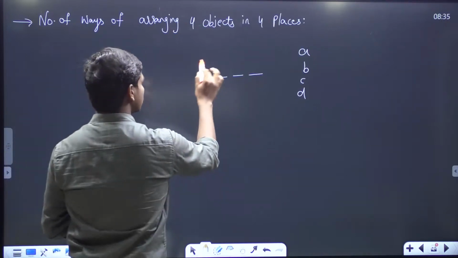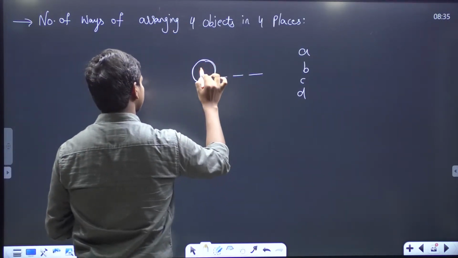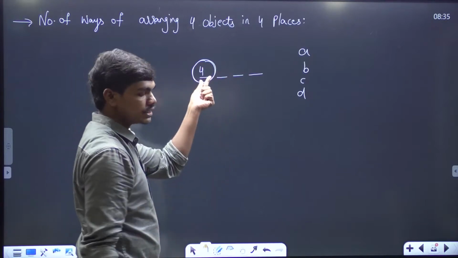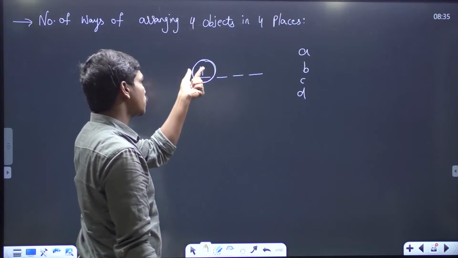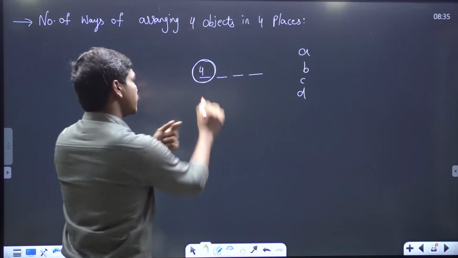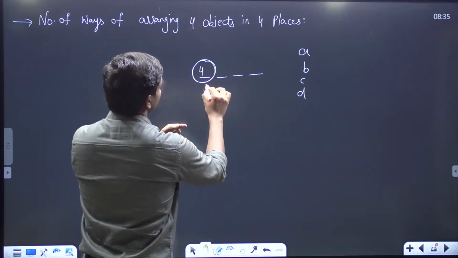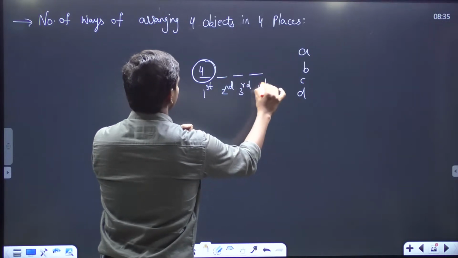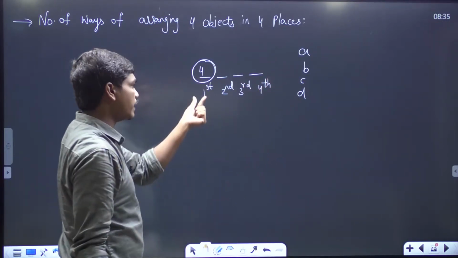See, for the first place, you can put any of the 4 objects. Correct? So number of ways you can fill in this place is 4. So you can see total 4 objects. Out of these 4, any of the objects can be fitted at first place. This is second place, first, second, third, fourth. Okay, so if you see, any of the objects can be fitted at first place.